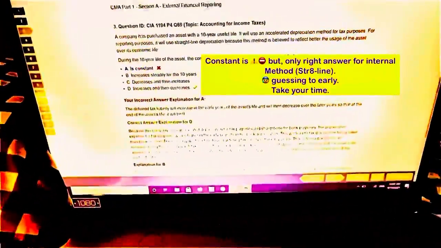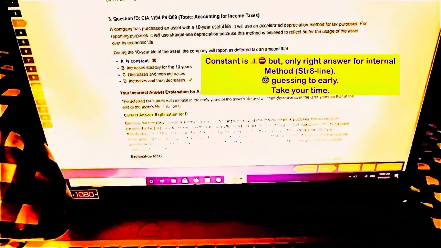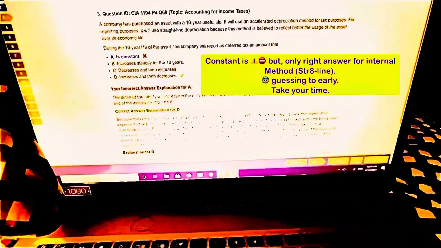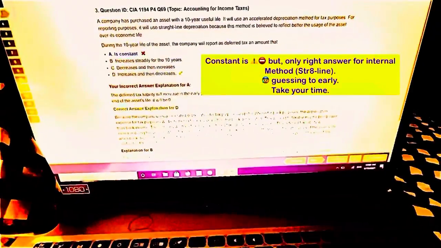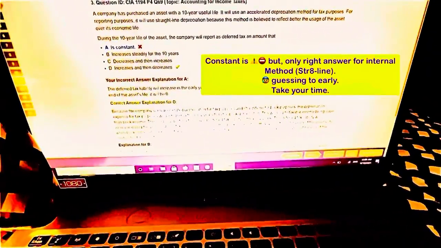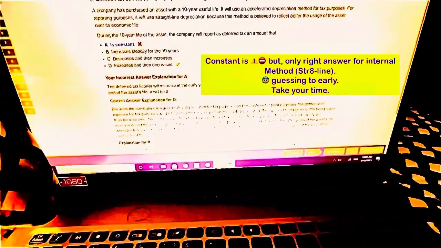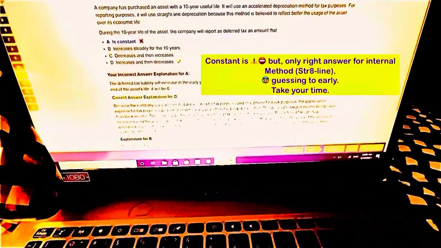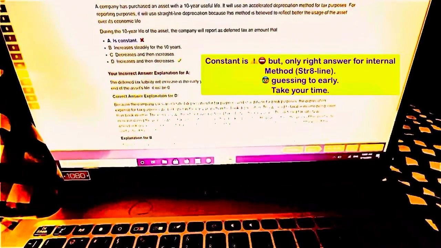So C, read the question right. Because the company uses the accelerated depreciation method for tax purposes and the straight line method for book purposes, the depreciation expense for tax purposes will be higher in the earlier years than the book depreciation. This will lead to taxable income being lower than book income. The company will therefore have a deferred tax liability in the earlier years.